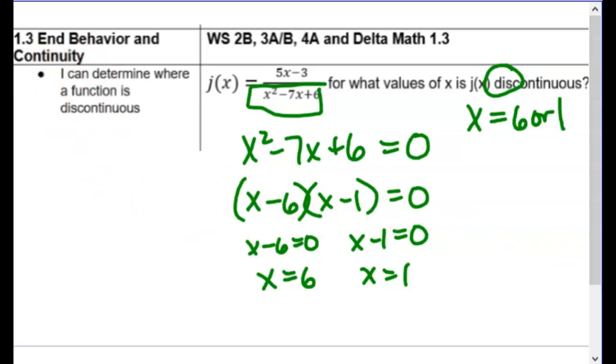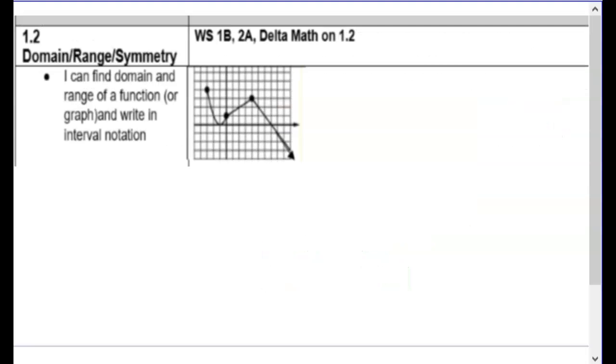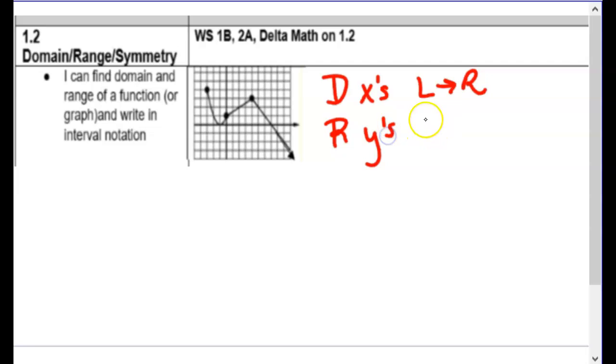What else? Feel like we need to talk about domain and range? We'll go back to the beginning. Anybody do domain and range for this first one? Just remember, domain is x's from left to right, and range is y's from bottom to top.